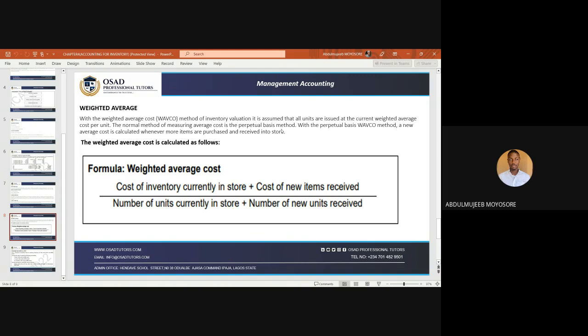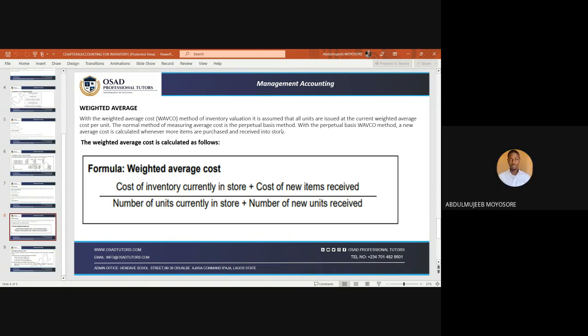Add every cost that you received. You get the current cost and the new cost, add them together, and divide by the number of current units plus the number of new units. Are you getting me? You divide the total cost by the total number of units. Yes, sir. That is what weighted average is.